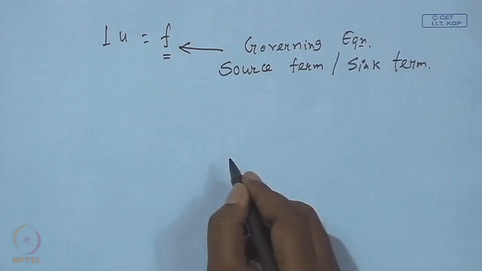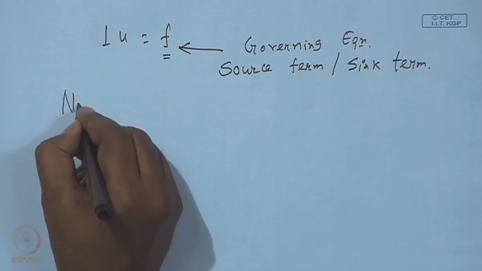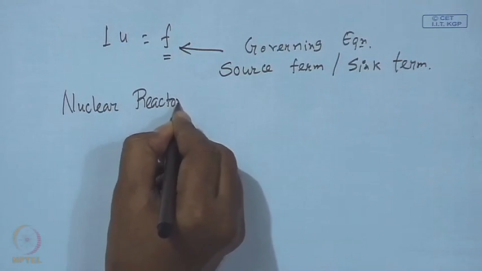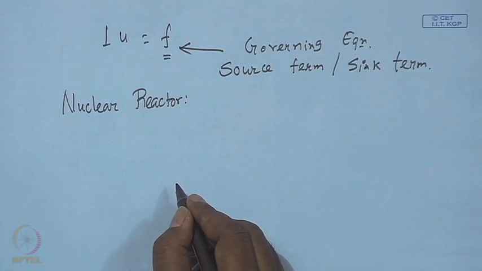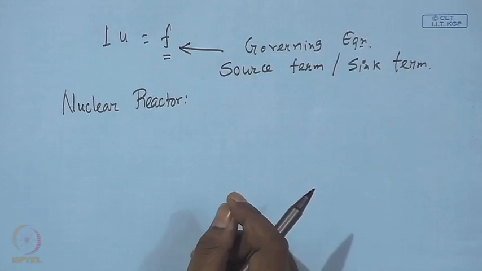What are the chemical engineering applications of this source and sink term? Consider a nuclear reactor. What happens in a nuclear reactor is that we pack the radioactive element in a cylindrical casing, and we call that the cladding material, and typically the cladding material is stainless steel, which has a very high melting point, in the order of 1450 degrees centigrade.